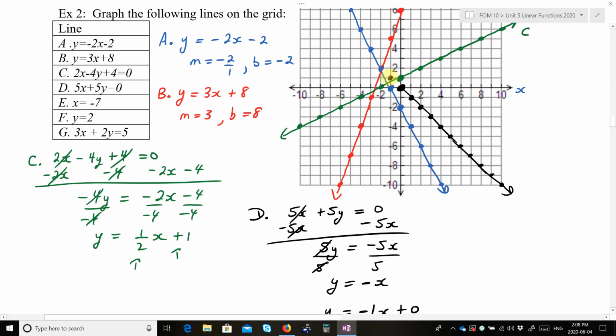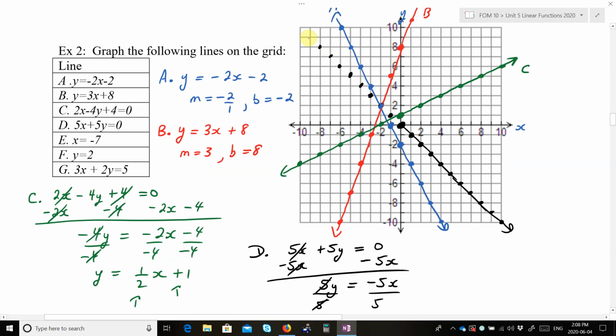Up 1, 1 left to go the other way. And that is letter D.